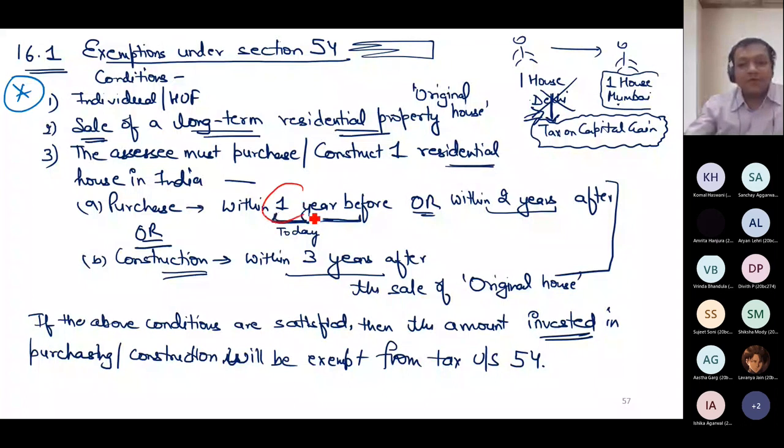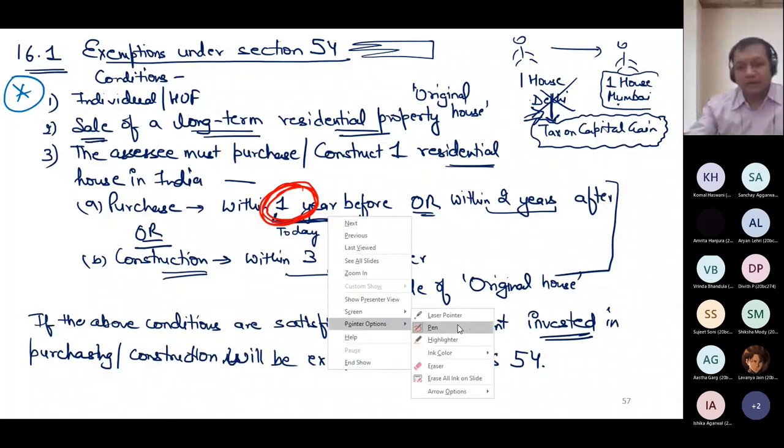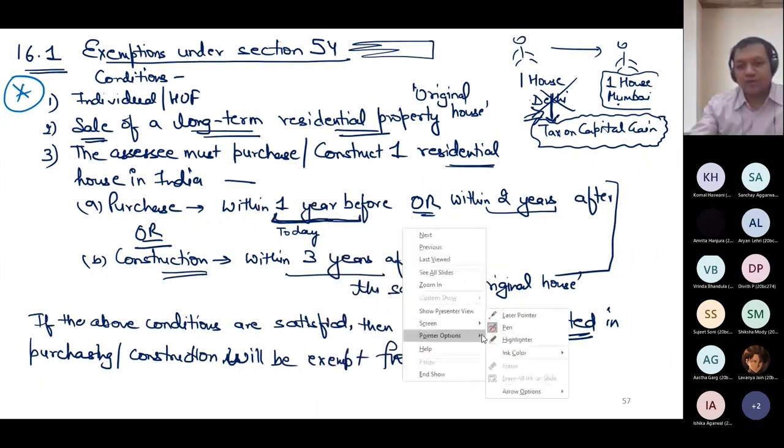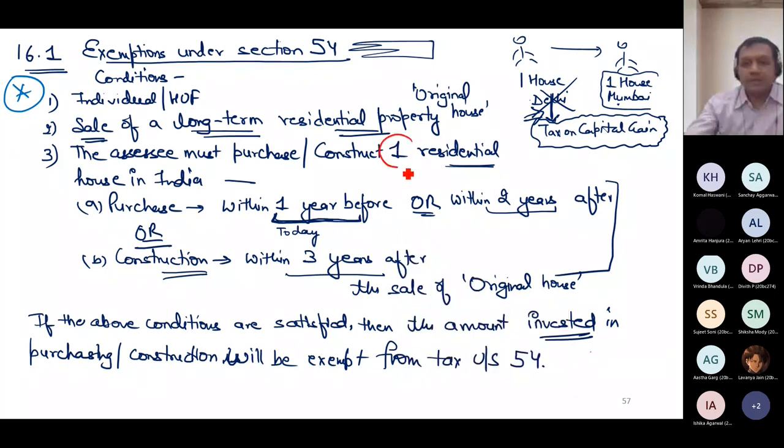And one is already purchased. Or not this one, I have encircled the wrong one. I should have encircled the one above. Only for one residential house you get the exemption.